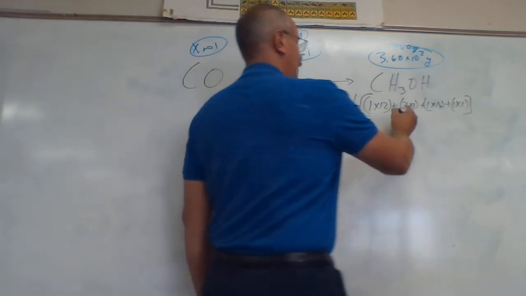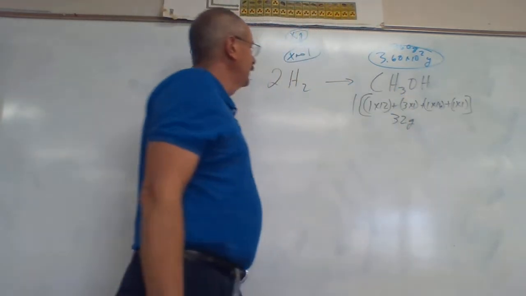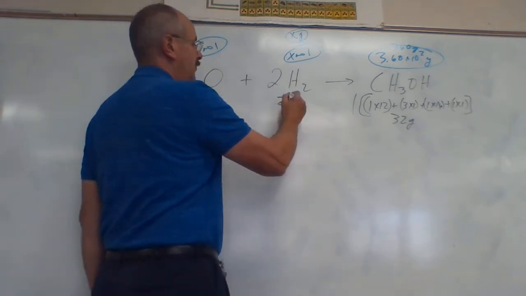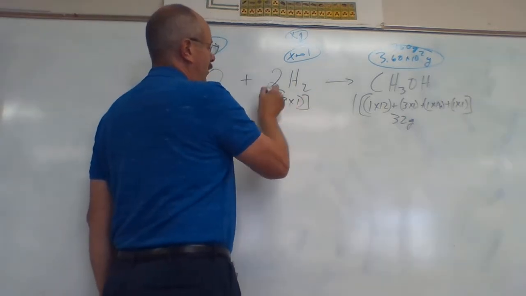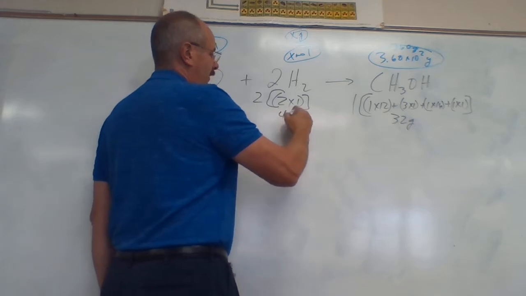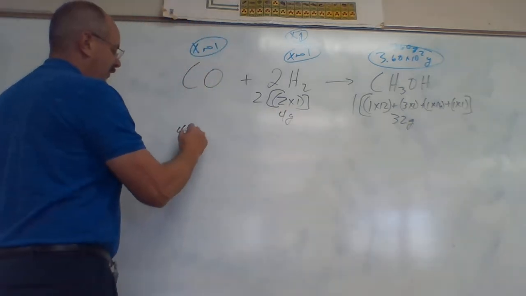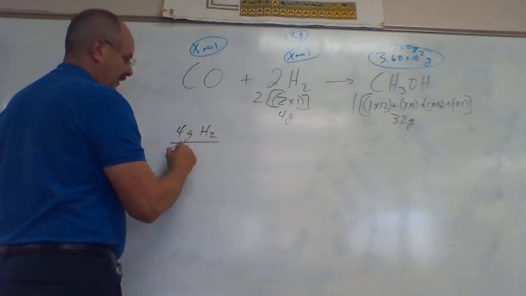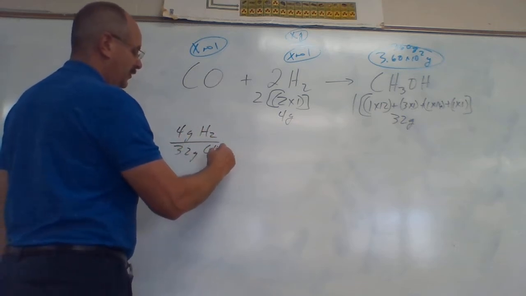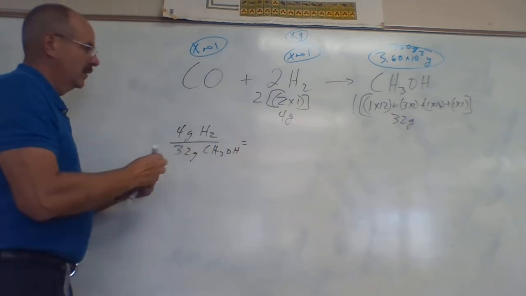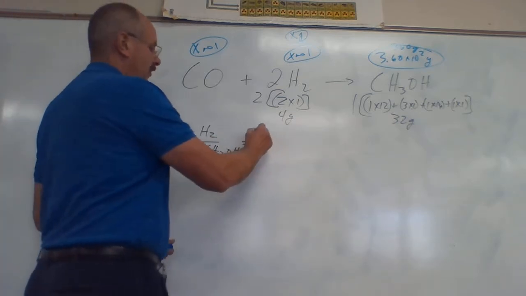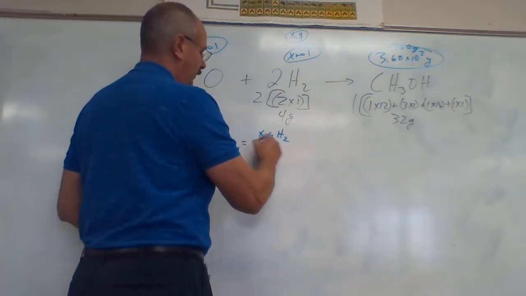So if you do that, you get this to be 32 grams. And then if we do the hydrogen, it's 2 hydrogens times 1, and all that times the big 2 out in front, so that's 4 grams. So we're going to set up 4 grams of hydrogen. We'll make 32 grams of CH3OH. And then we go, actually we want to know X grams of hydrogen.